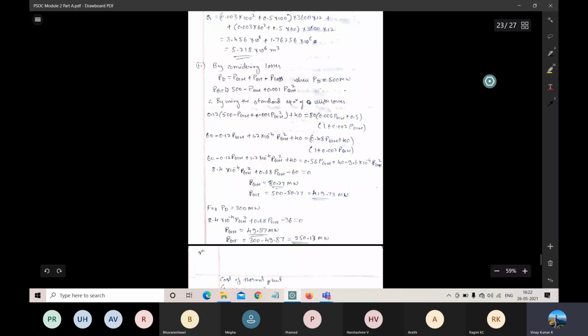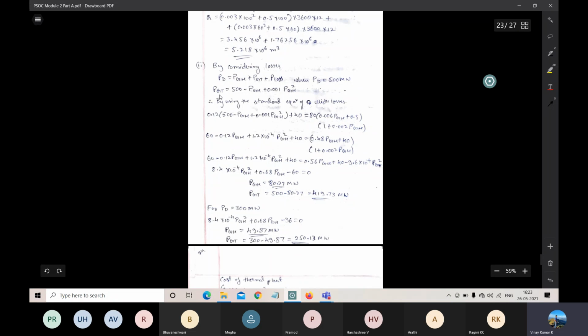So what are we extra adding here? The generation is equal to load plus losses. So here I require the load. So the load is 500 megawatt. Just resubstitute here. Calculate PGT first, then calculate PGH.